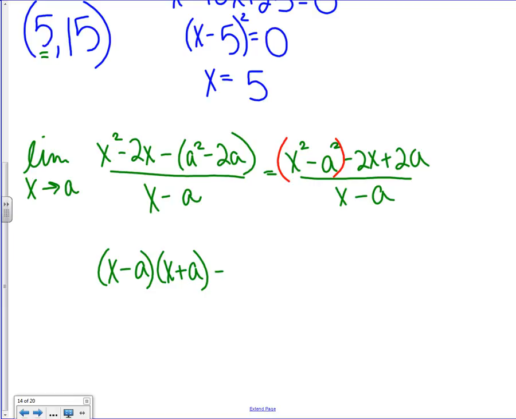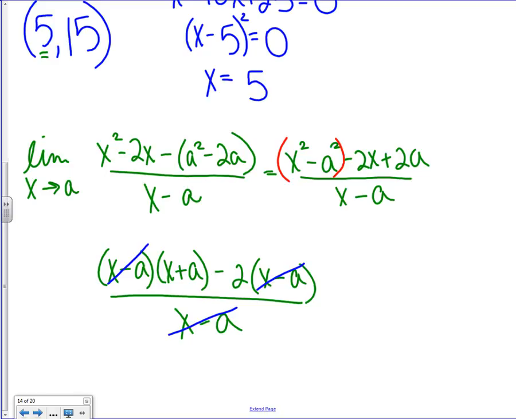Then you can take a 2 out of the second group. In fact, a -2 out of the second group, all over x minus a. Well, remember how we reduce here. If I want this bottom to cancel out, everything has to reduce by that. And we're left with x plus a minus 2, and the bottom cancels out.